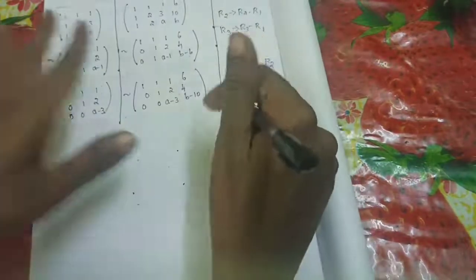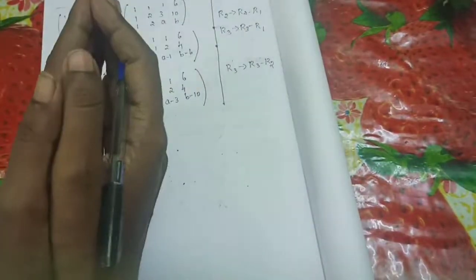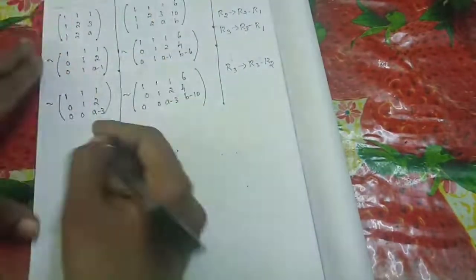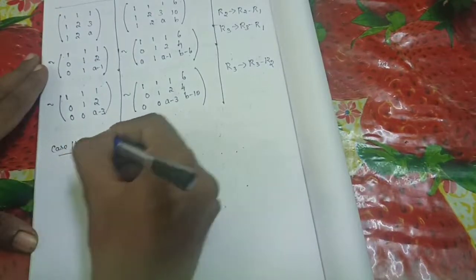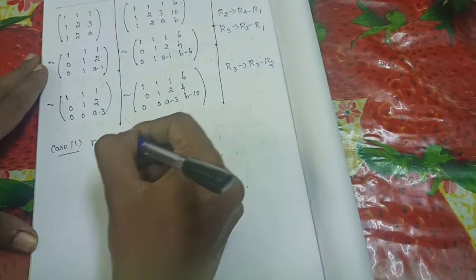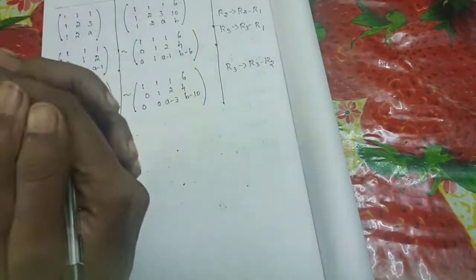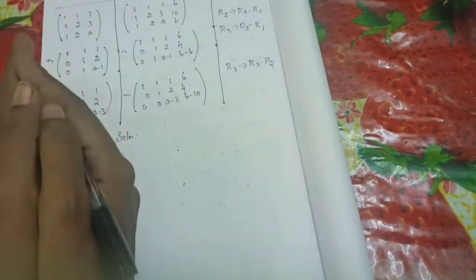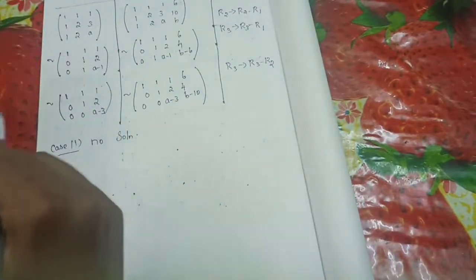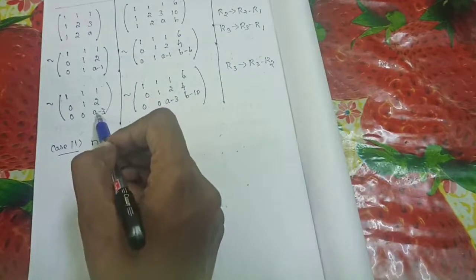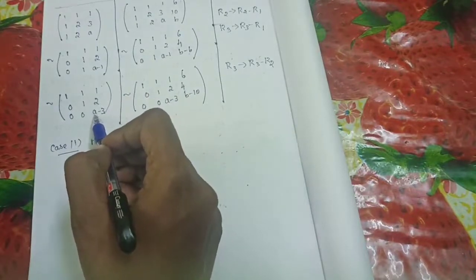Now we are going to take case 1, case 2 and case 3. First case is no solution. You need to keep in mind that rank of A is not equal to rank of [A|B]; then only we can say the system has no solution. Now just think, if I substitute 3 for a, what will happen?